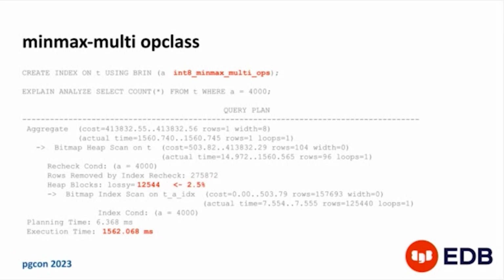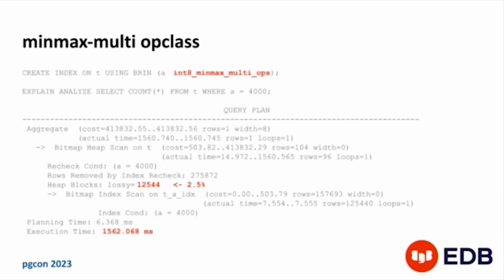And then you see that we managed to eliminate even more, making the index even more efficient than with the regular min-max operator class. Which is great. It works perfectly fine for this type of almost correlated data with some outliers.